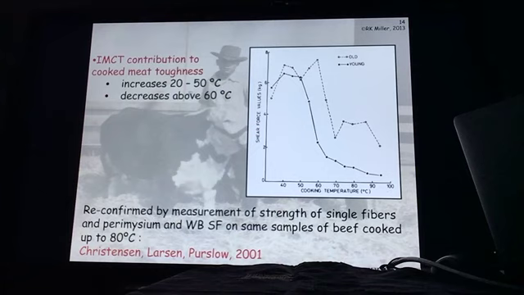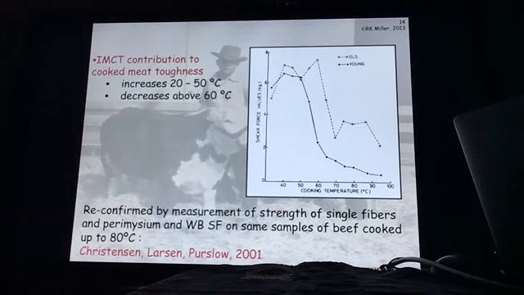And we know that crosslinks change as we look at young and old animals, and so this is cooking temperature, and shear force value on the vertical axis, is that as we increase internal temperature, part of what happens is that meat gets tougher.